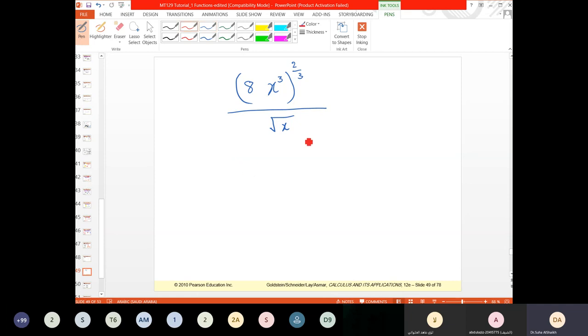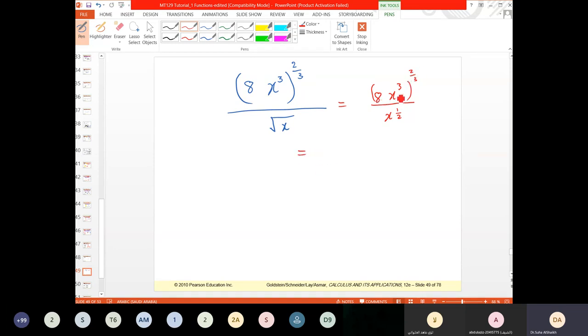First step, what should I do? The root of x is nothing but x to the power half. And here I have (8x^3) all to the power 2/3. Second step, distribute the power.